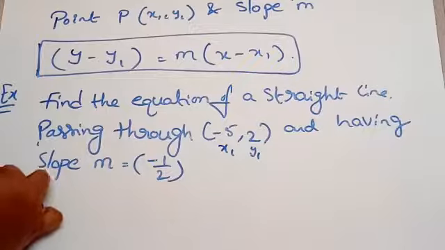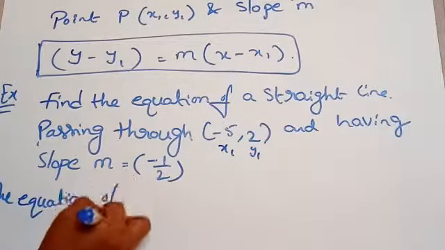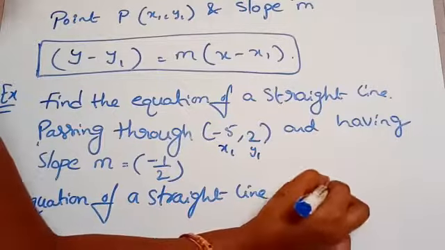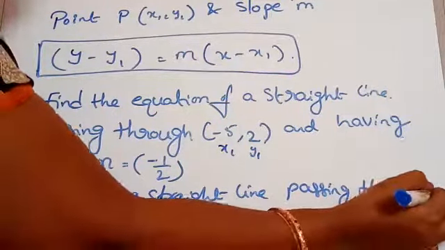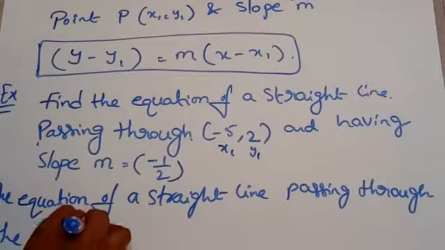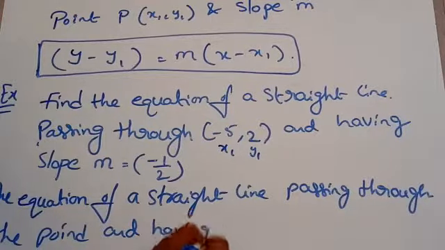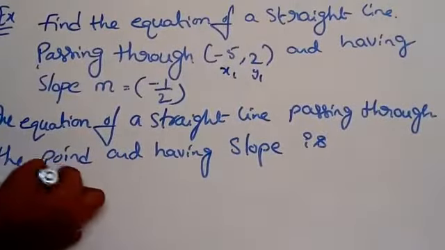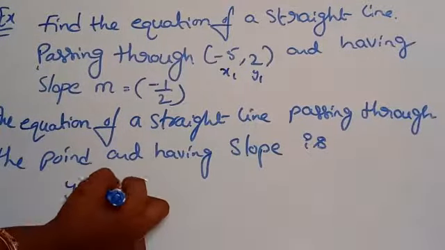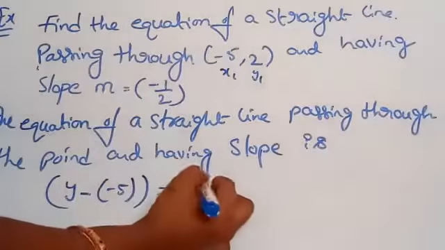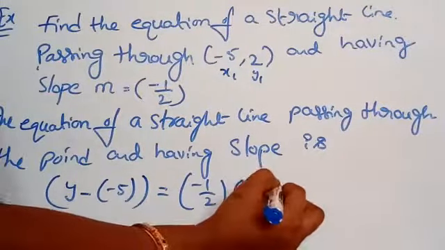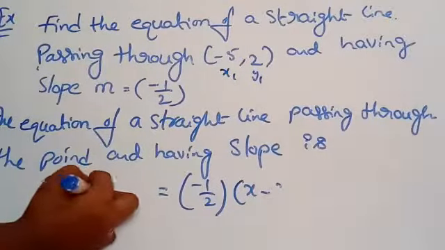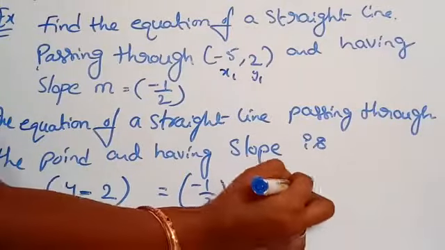So the equation of a straight line passing through the point and having the slope is, we write the values: y minus y1, here y1 is 2, is equal to m, which is minus 1 by 2, into x minus x1, that is x minus of minus 5.